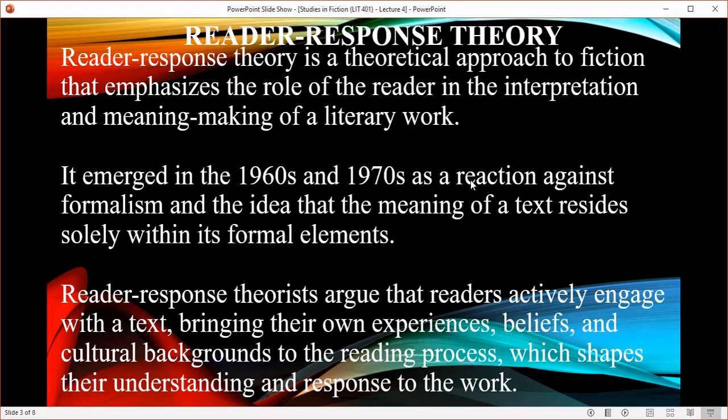So here the argument is that the reader should be given an active role in the interpretation of the text. The reader is allowed to bring into the reading, into the analysis, his personal experiences, his beliefs, his cultural background while interpreting the text.